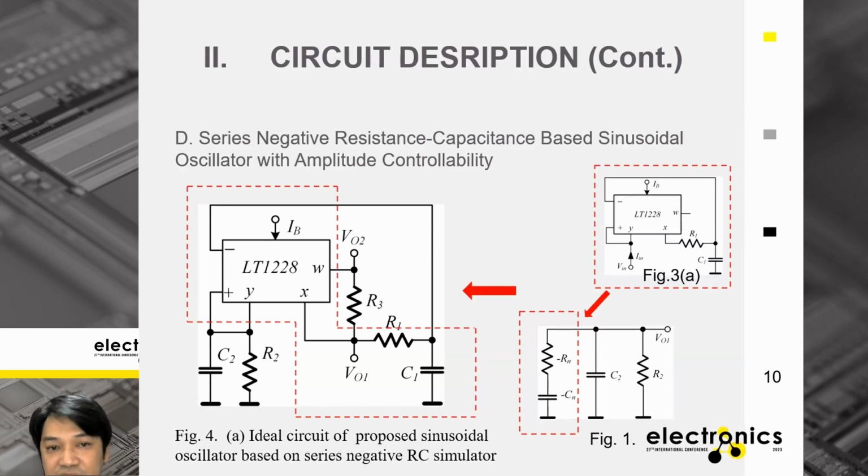The sinusoidal oscillator in figure number 4A uses the concept from the RC parallel oscillator circuit in figure 1, but the construction uses the grounded series negative resistance and capacitance simulator from figure number 3A, instead of the negative RC, connecting the grounded resistor R2 and capacitor C2 to the input impedance node in parallel.